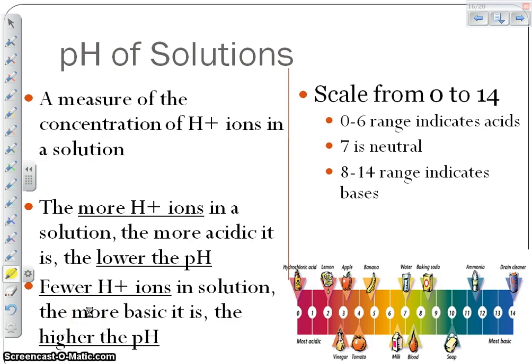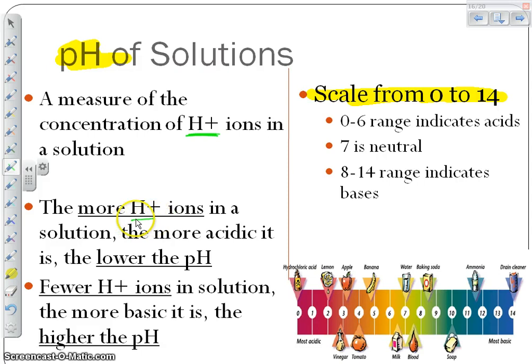Okay? So how do we measure acids and bases? Well, we do it by using the pH of a solution. We have a whole pH scale that ranges from 0 to 14. Okay? pH is just going to be a measure of how many H plus ions we have.